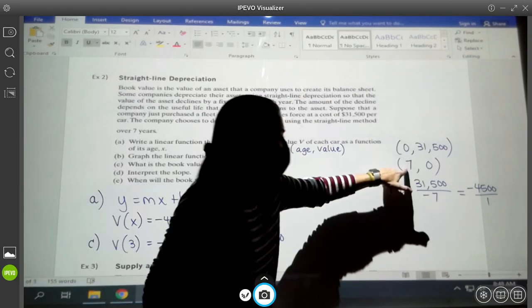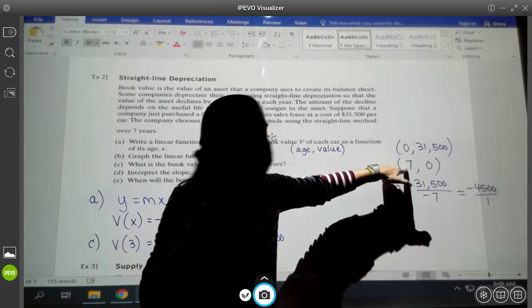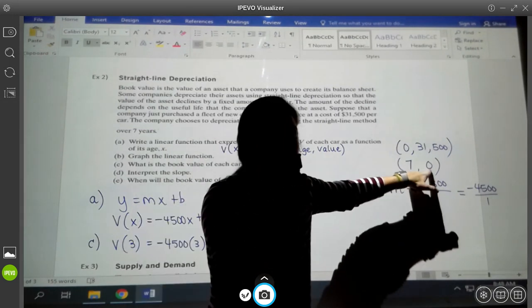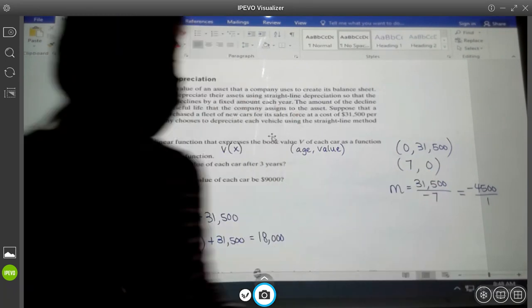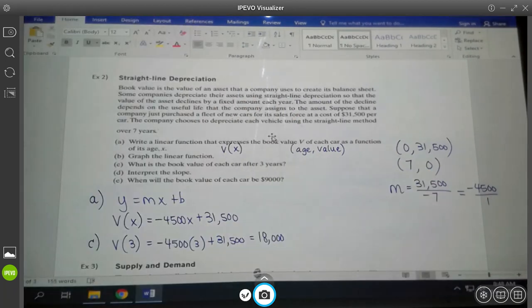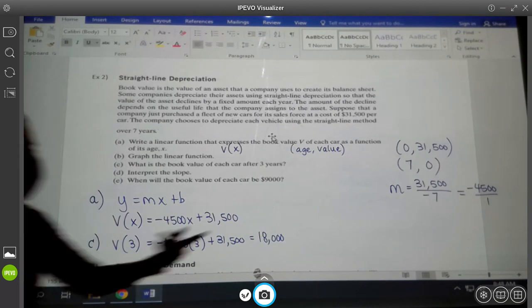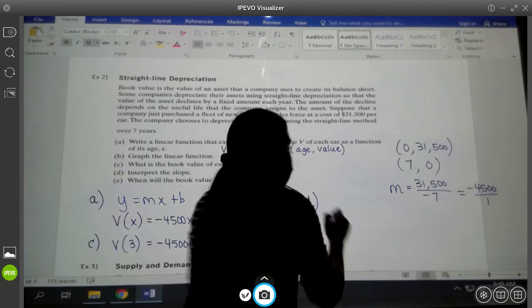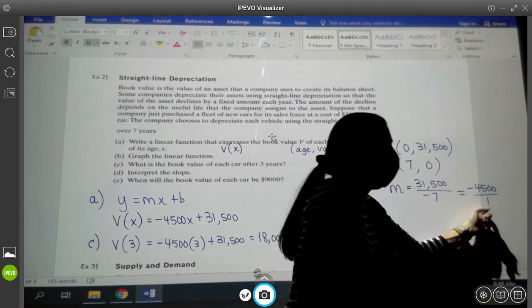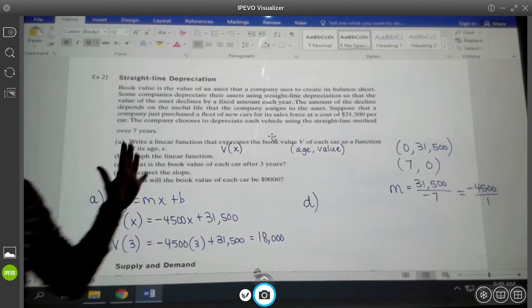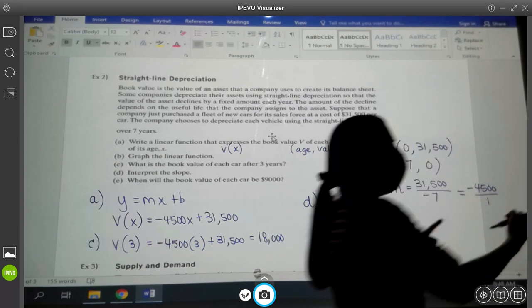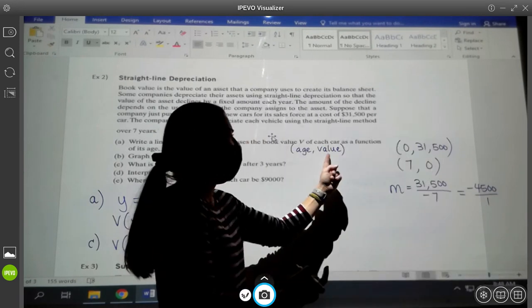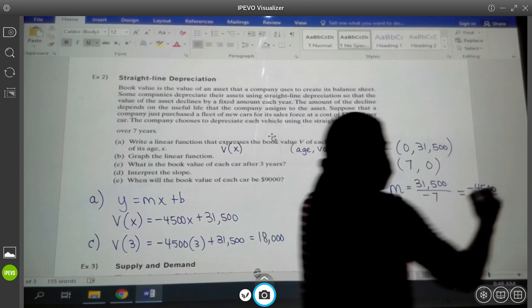All right, then it says interpret the slope. Well, guys, here's our slope. The slope is negative 4,500 over 1. I feel like this section's big on interpreting the slope. Well, remember, it was change in y over change in x. So it's change in value over change in age. So according to this slope, it's going to lose $4,500 in value per every 1 year of age.